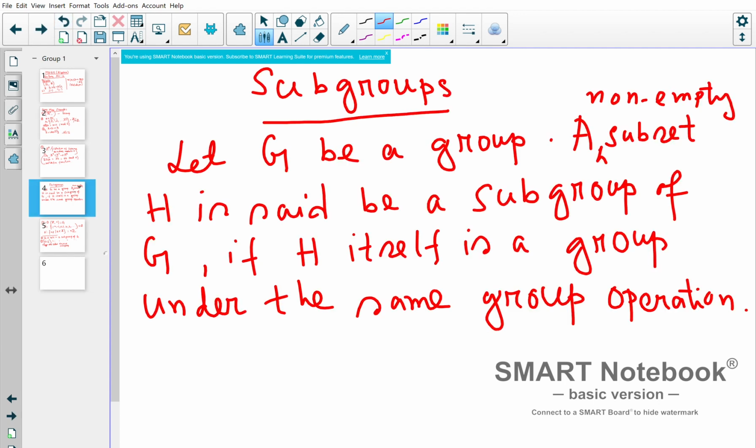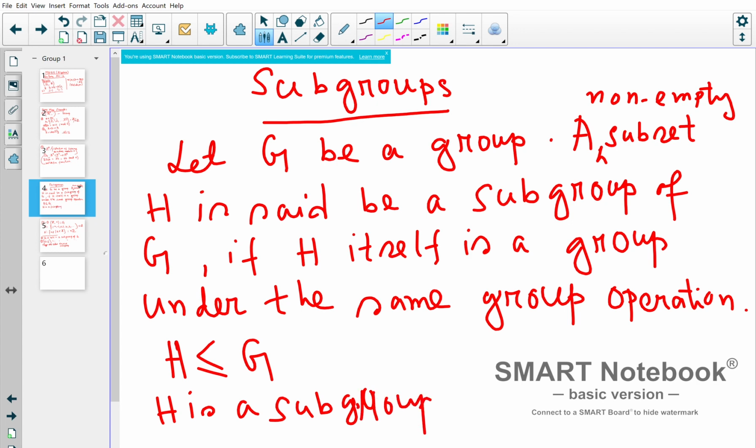In this case, we generally write the subgroup with this notation: H is a subgroup of G. This is my notation.